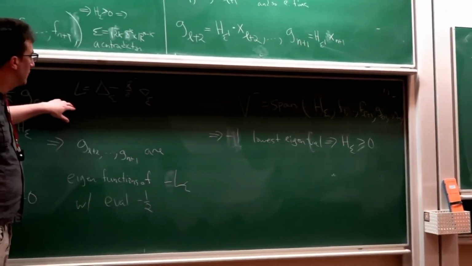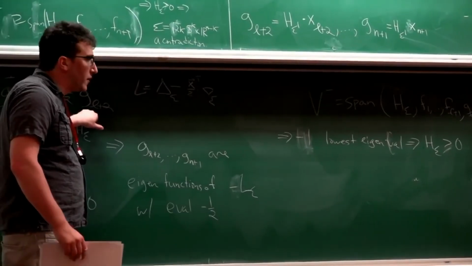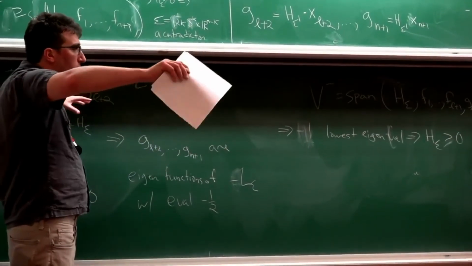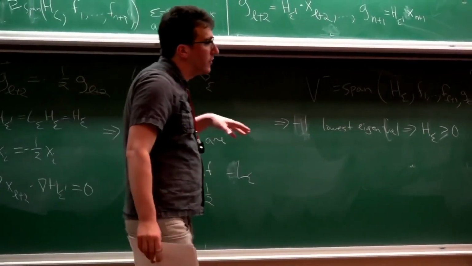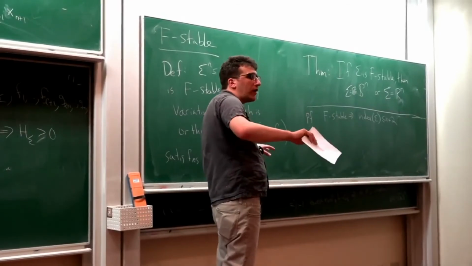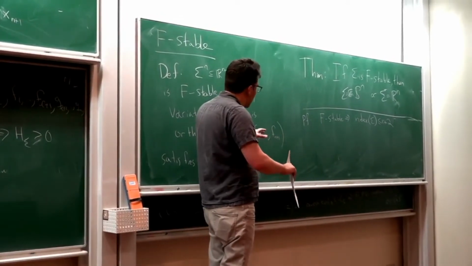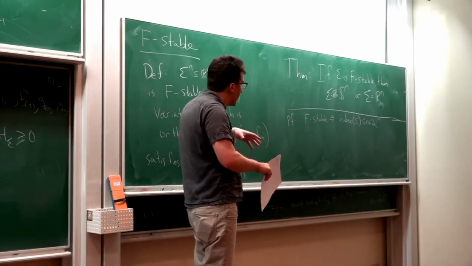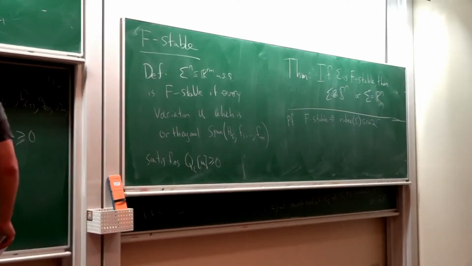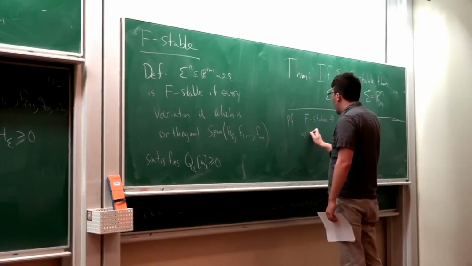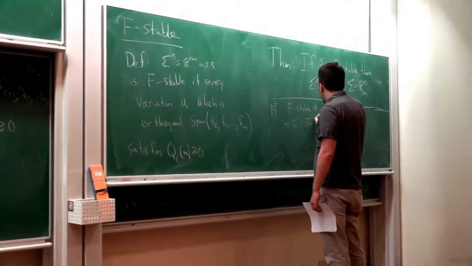But if you're a true cylinder, basically these G_L plus 2, then you can cut them off. Because the weight decays so rapidly, if you cut them off outside of a big ball, the G's are of course orthogonal to these because they're eigenfunctions. But if you cut it off, it's not orthogonal anymore. But the inner product is incredibly small because of the weight. So it's very easy to perturb it to be orthogonal. Since it's a definite amount negative, this perturbation won't change the fact that it's negative. So that implies, of course, sigma is a generalized cylinder.